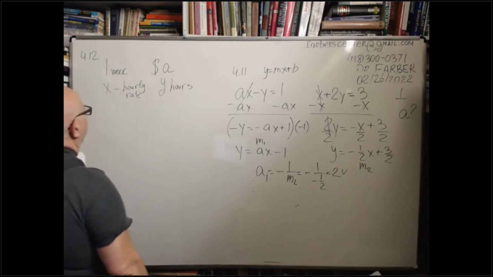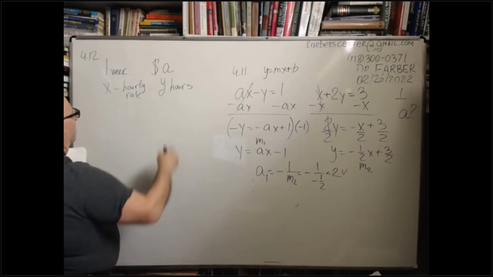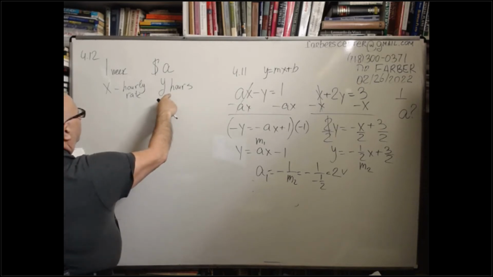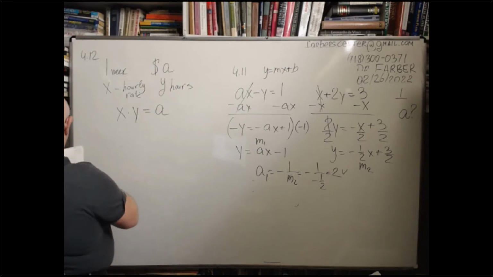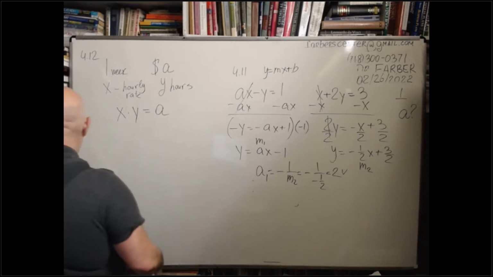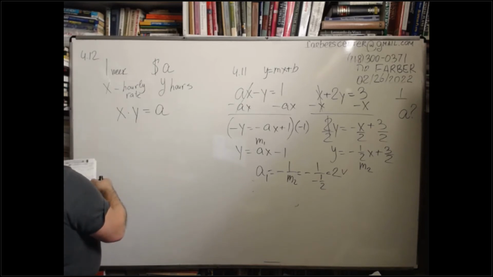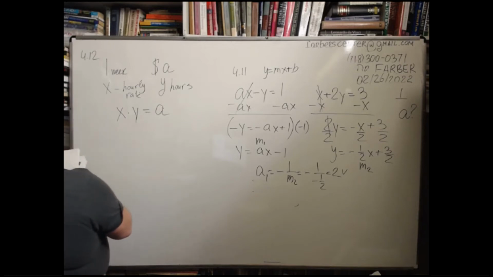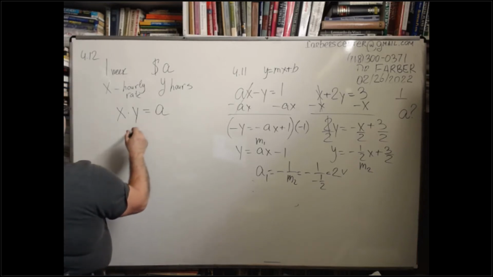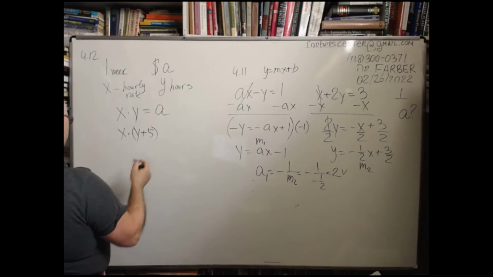If the hourly rate is X and they work Y hours, if I multiply the hourly rate times Y, I will get A. But from another side, they said if she had worked 5 more hours, she would have earned B. So hours would be Y plus 5, hourly rate the same, and she gets B dollars.